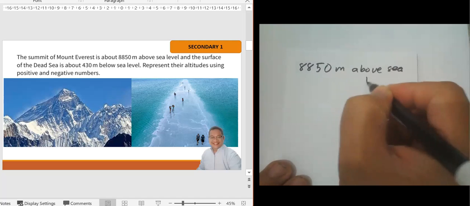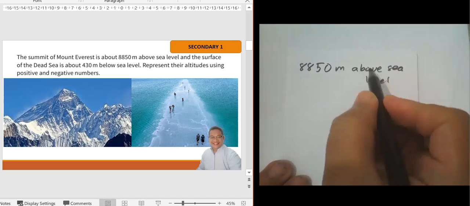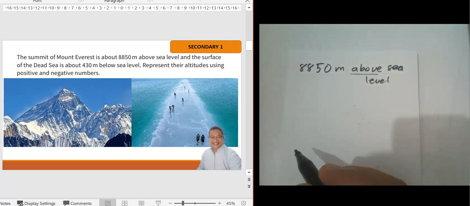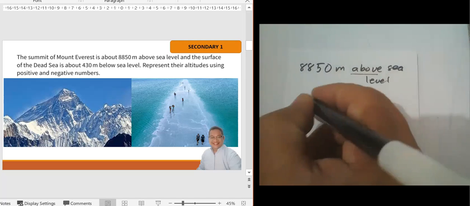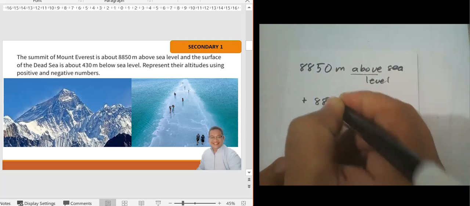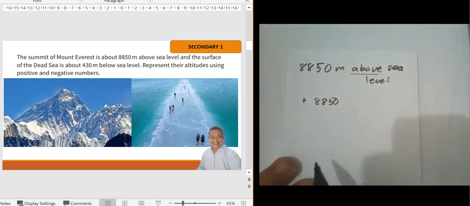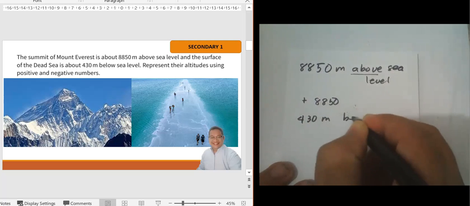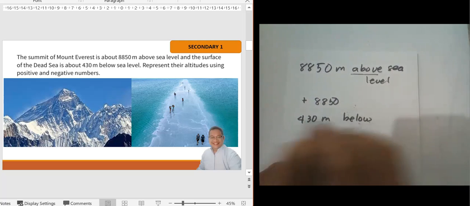Okay, above sea level. The phrase itself, above sea level, means that it's actually plus 8,850. So this one we can symbolize as positive 8,850. Now the phrase that says 430 meters below sea level, okay, that's below.